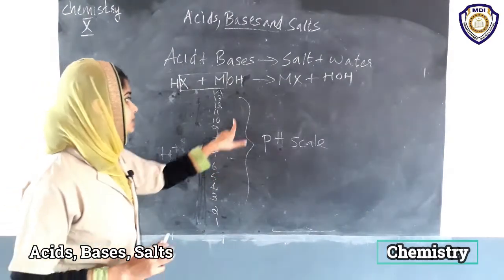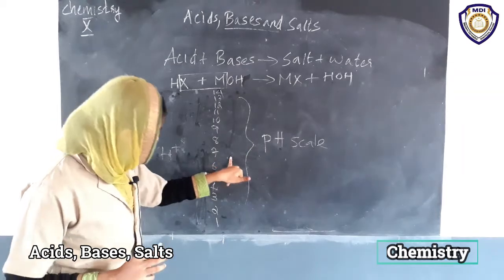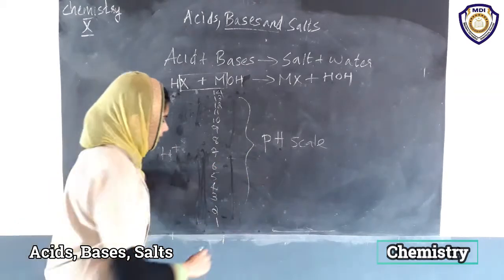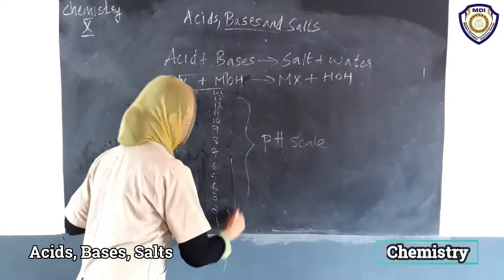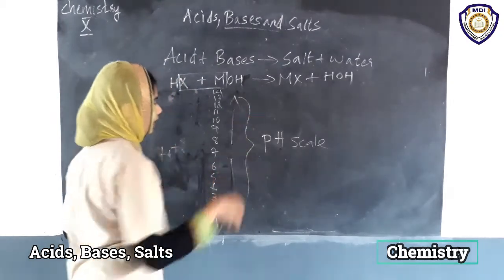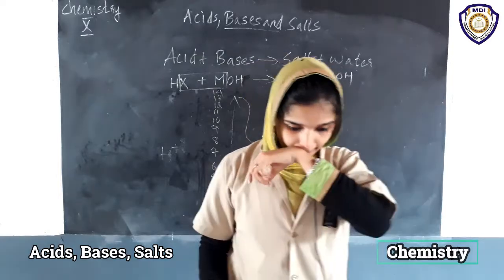So when we go up, the strength of the base increases. When we go down from 7, the strength of the acid increases. Okay, this is the pH scale.